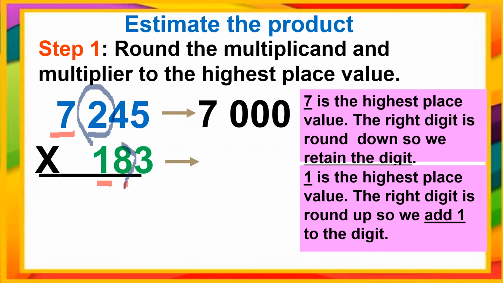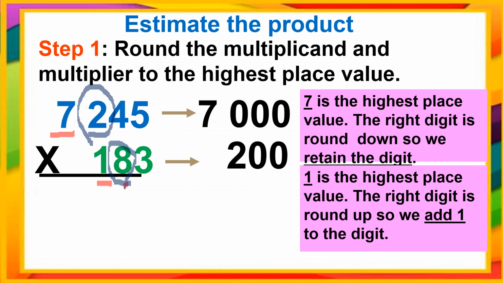Since 8 is the number at the right of 1, are we going to round up or round down? Exactly, we're going to round up. When we round up, we add 1 to the number to be rounded. So 1 plus 1 becomes 2, and all numbers at the right of 1 become 0. So 183 rounded to the nearest hundreds becomes 200.